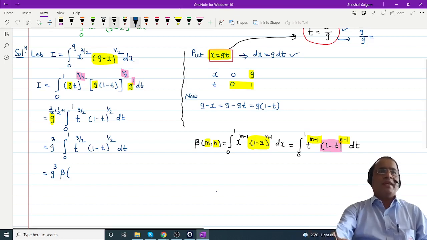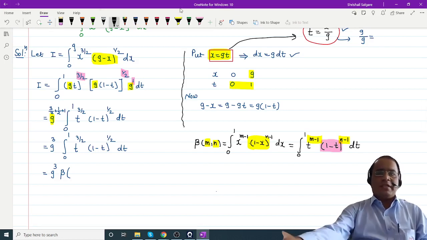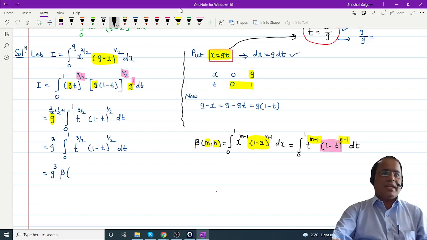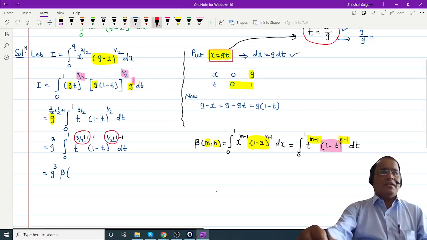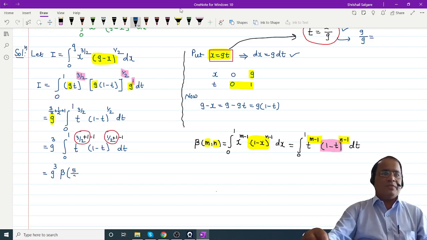Yes, you have to make the adjustment. You have to express that as something minus 1. So that's why I will do here plus 1 minus 1. That means it comes as beta of the first parameter, that you have to simplify, and the second parameter, that term you have to simplify. So after simplification, I think 3 by 2 plus 1 comes as 5 by 2. Am I right?